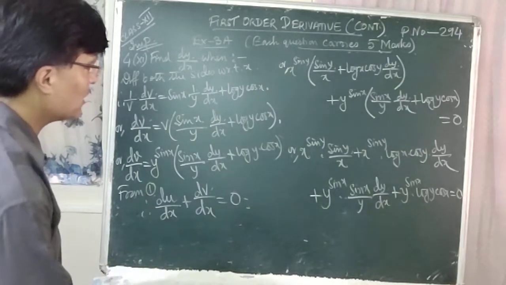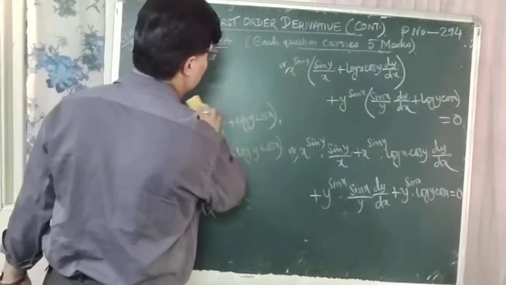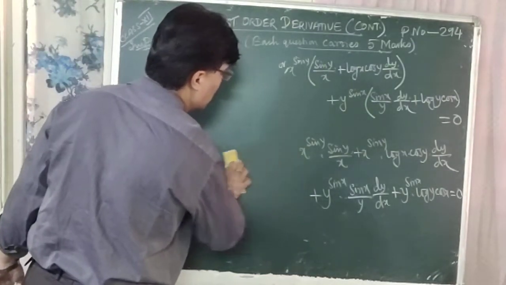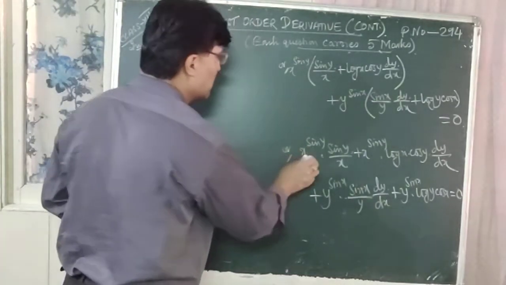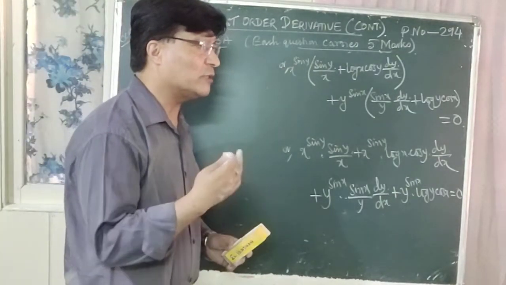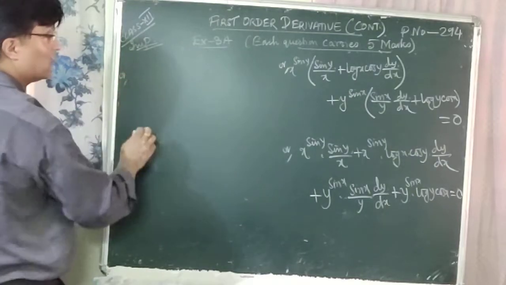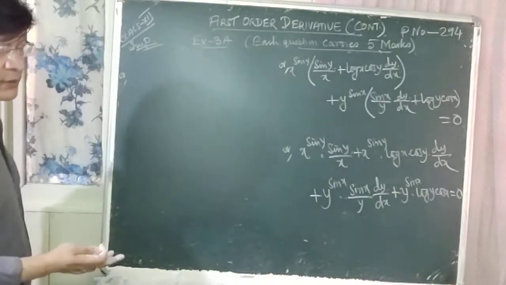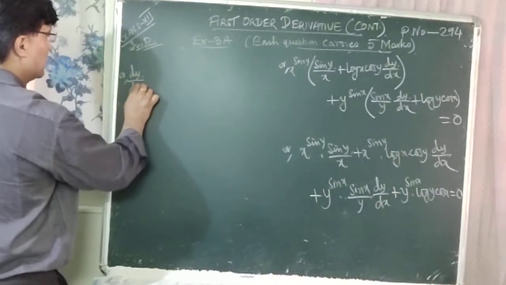Now we have to get the value for dy by dx. In this case, you have to keep the terms containing dy by dx on the left hand side, and all the terms which are free from dy by dx, take to the right hand side. On the left hand side, the second and third terms contain dy by dx, so dy by dx is taken common.